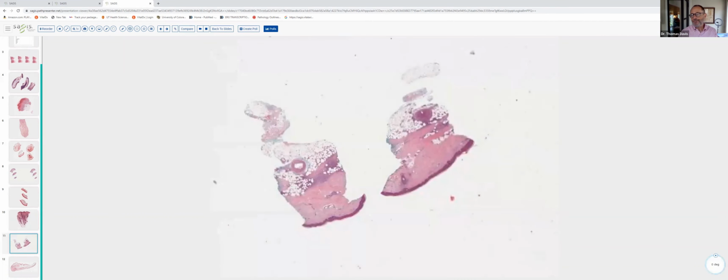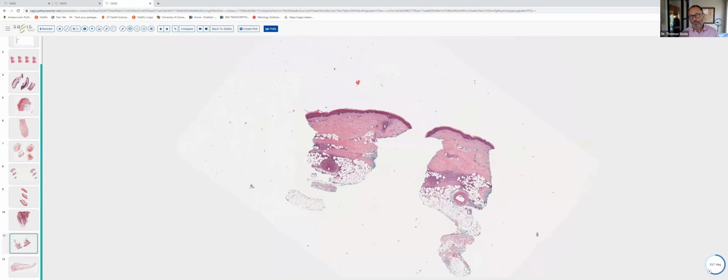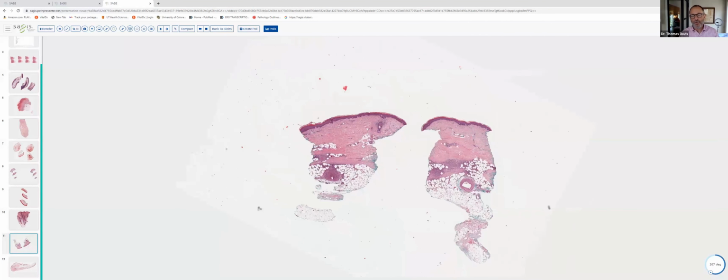Slide number 11 was a biopsy from distal extremity. Now, for those of you who've been doing dermatology for a while, you know that when you punch distal extremity, you frequently get fat in the punch biopsy specimen, as opposed to the trunk. Usually when we do a biopsy from the trunk, the back, we don't get much fat.